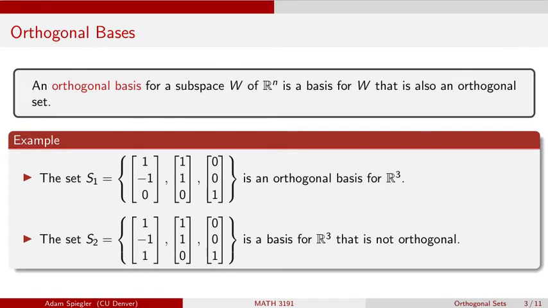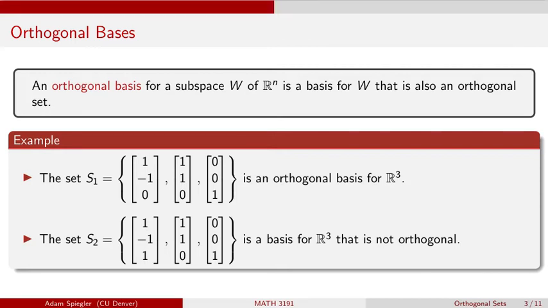So these three vectors are linearly independent, and there's three of them. So we've shown that if I have three linearly independent vectors from a vector space which is three-dimensional, then this set has to be a basis, but this set is not an orthogonal set.